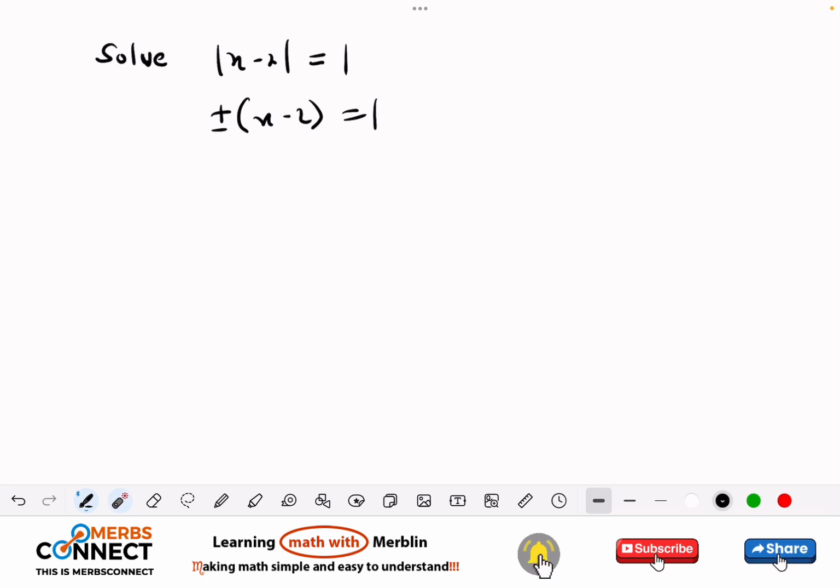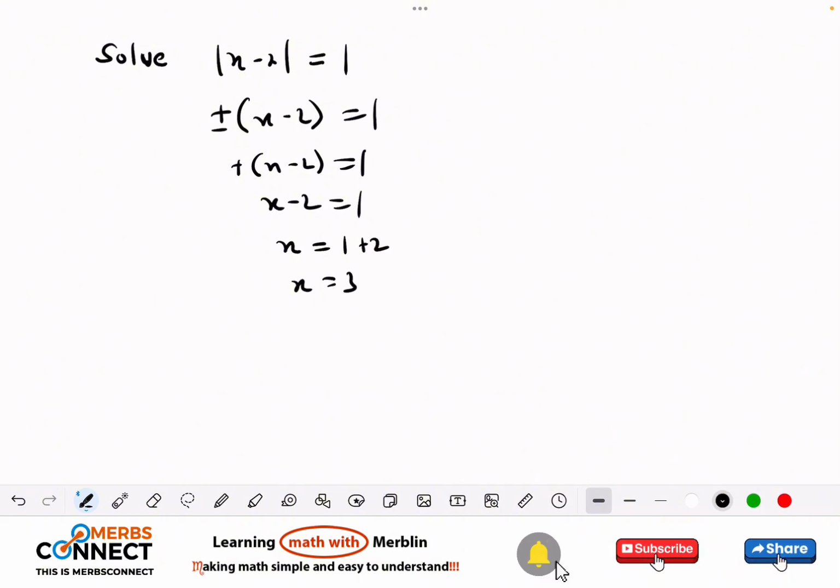So I'll consider the positive sign, solve, consider the negative sign, and also solve. The positive sign will be plus x minus 2 is equal to 1. When I multiply by plus, I'll still have something like this. x is equal to 1 plus 2, and x will be equal to 3.